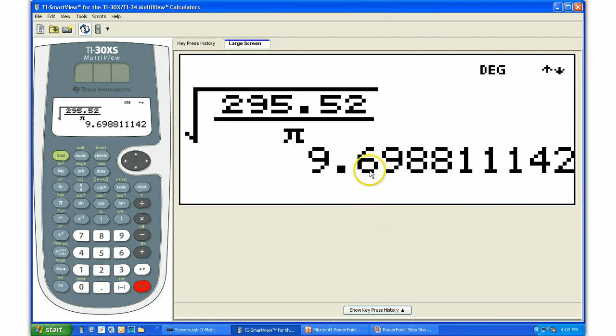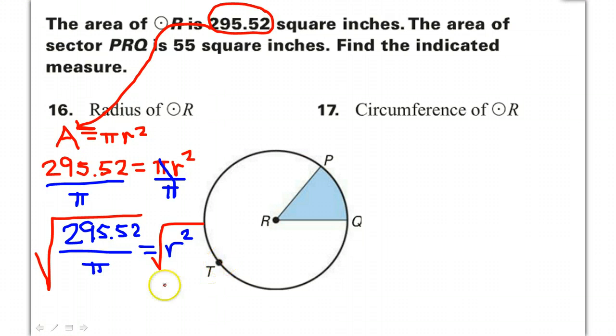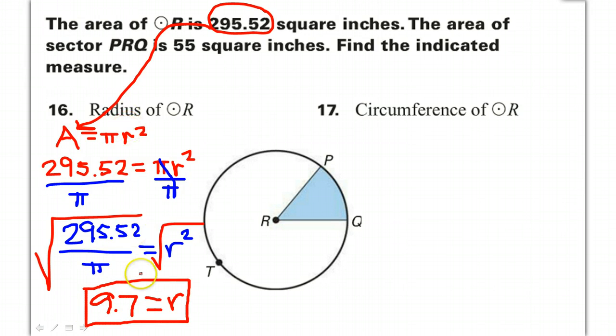So we'll round this to 9.7. And no more pi because that was under the radical. It went into making that expression. It's part of the decimal now. Okay? So that is the answer. We were supposed to find the radius, and we found it.